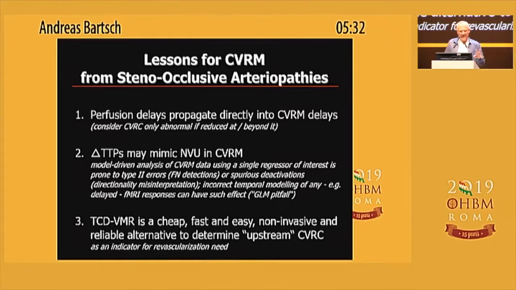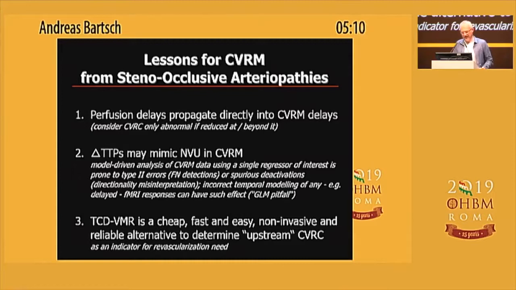Two, perfusion abnormalities may mimic neurovascular uncoupling in CVRM. And using a single regressor is probably not a good idea. And you have a very cheap and effective alternative in transcranial Doppler.